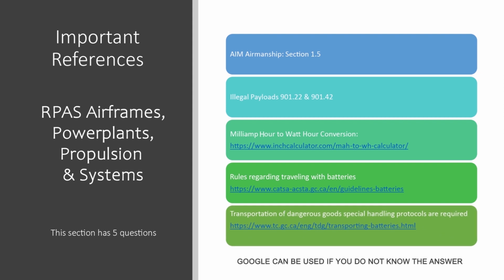Things to notate while studying through this section include altimeter errors and the effect of mountains and valleys on altimeter readings. This is further elaborated in section 1.5. Furthermore, operators should understand the usage of illegal payloads as referenced in 901.22 and 901.42.